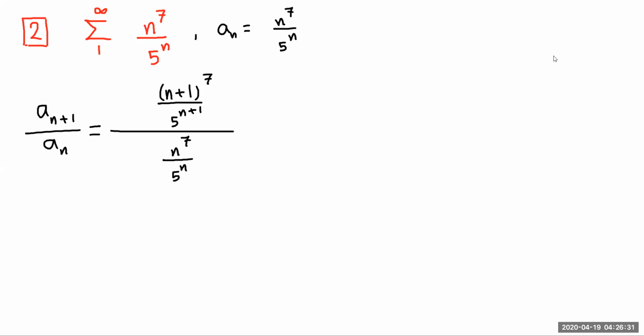Let's delete this number with this number. We will have here 5. We cannot delete this term with this term. So we will have, after deleting, 1 over 5 times n plus 1 over n, all to the power 7.